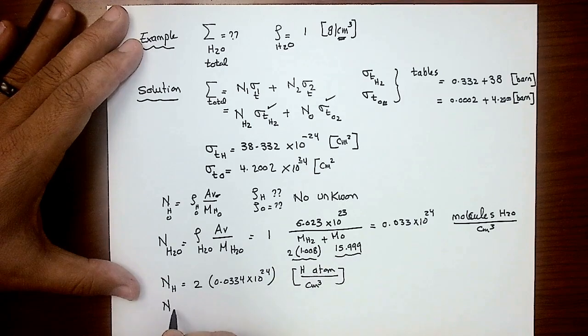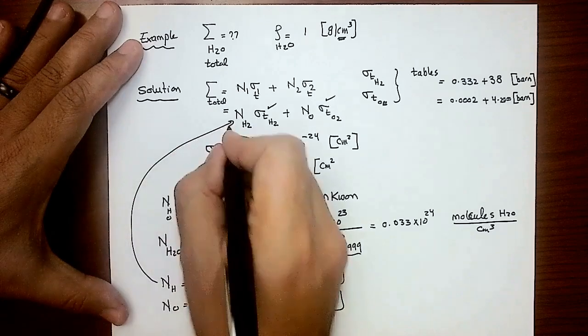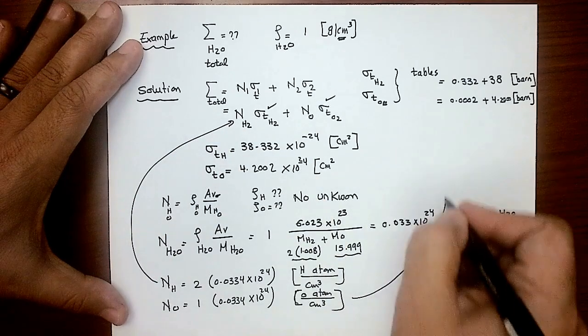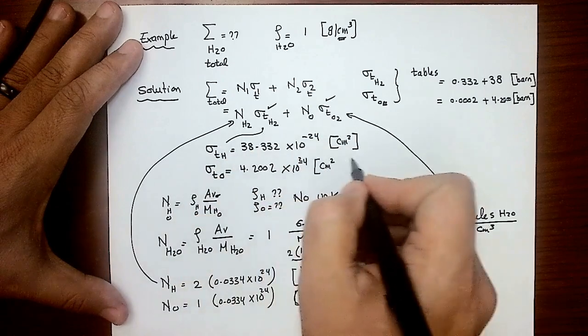And if I multiply 1 times 0.0334 times 10 to the 24th, this will give me the number density of oxygen atoms per centimeter cubed. I will take these into this equation here, and I got these two values as well.